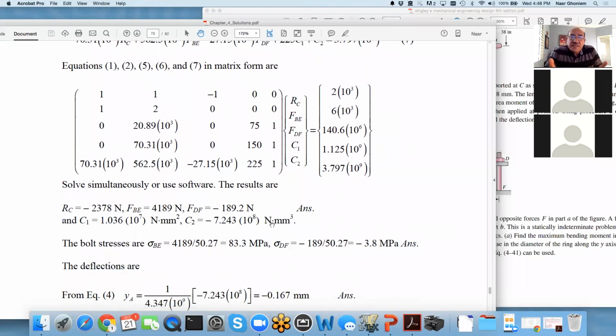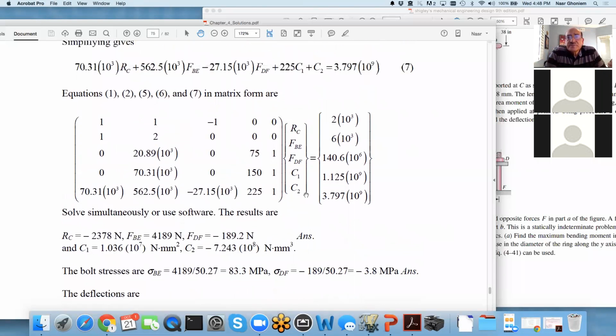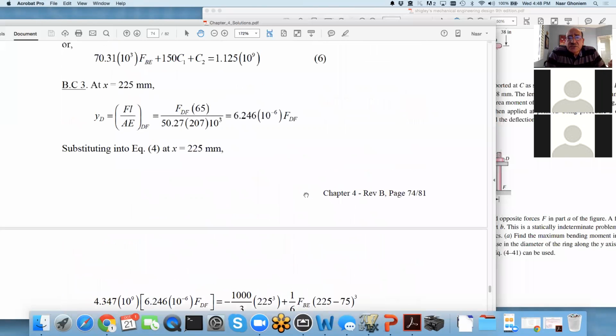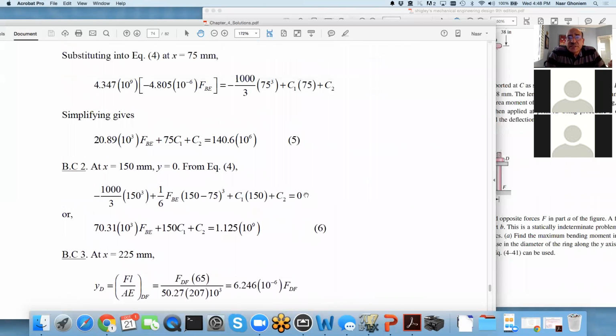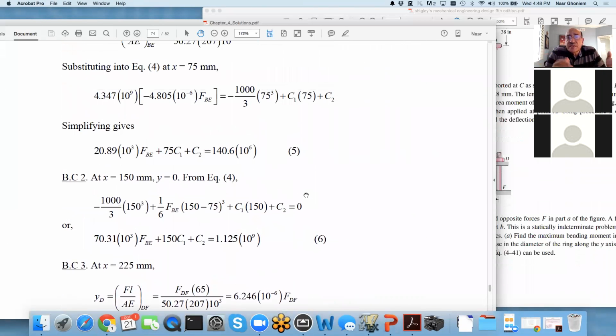For us, in any exam or anything like that, we are not going to really require a solution to that system because it's just a matter of putting the numbers. But we would like you to understand how to build the set of equations from the boundary conditions.